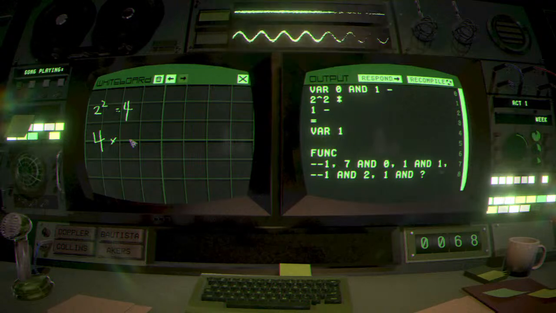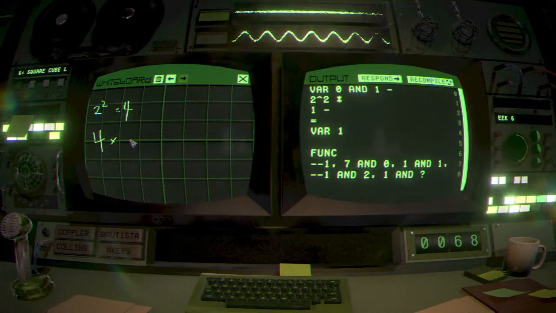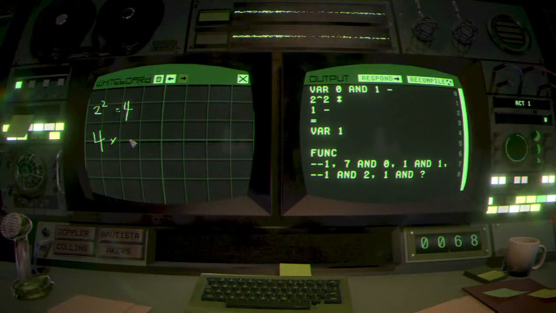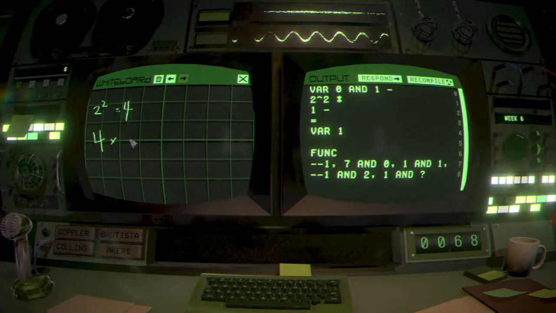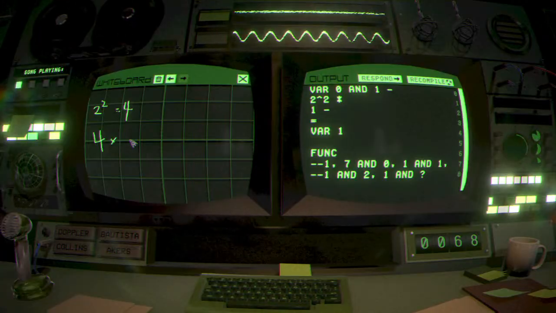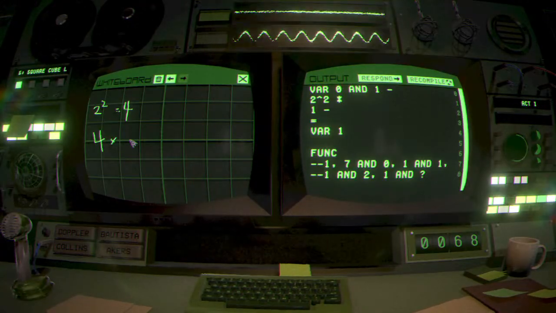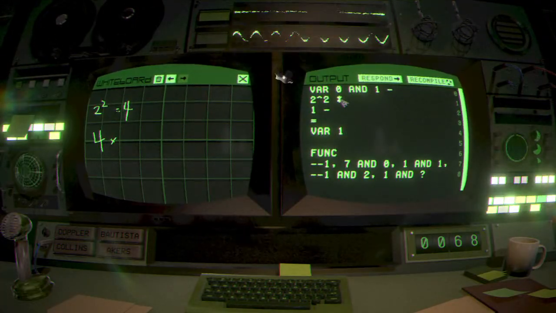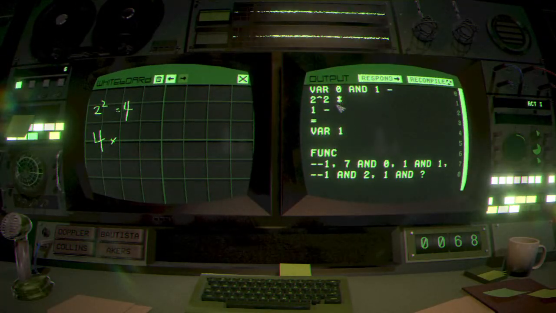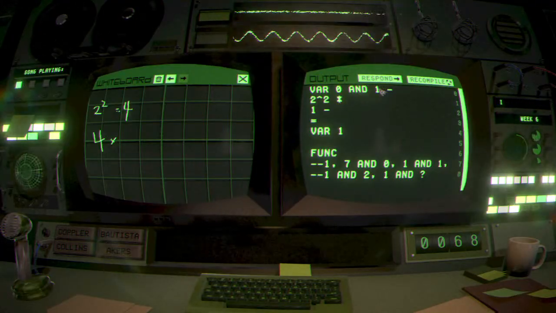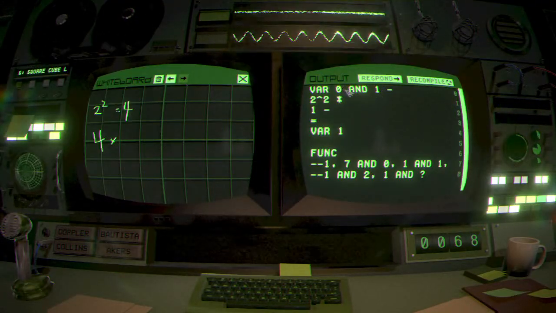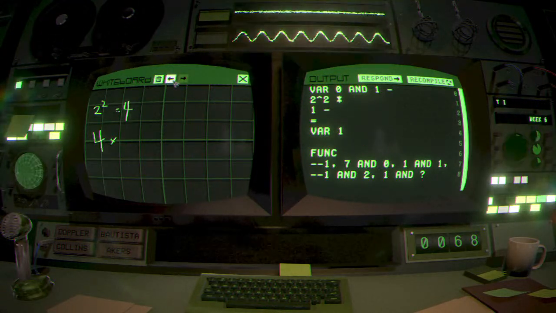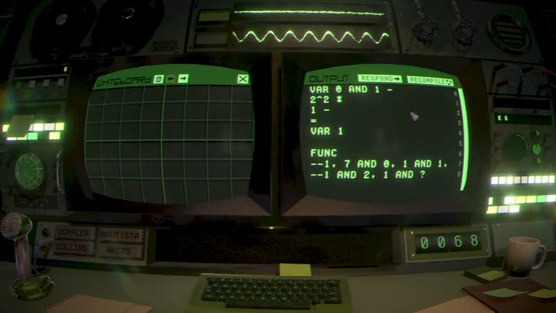I'm not sure, but I think there's an implicit parentheses in how they're doing these operations, because I can't do 4 times something, since it's suggesting I'm multiplying it by what came before, but what came before has not been defined yet because I'm trying to do some order of operations. So that makes things a little simpler, because that means I can just do it from top to bottom.